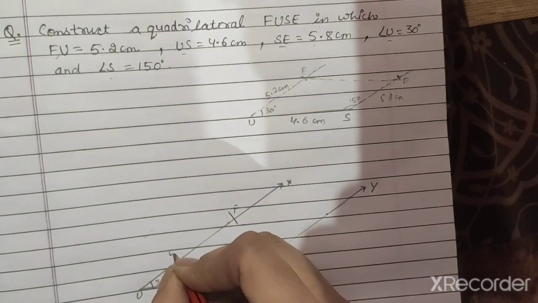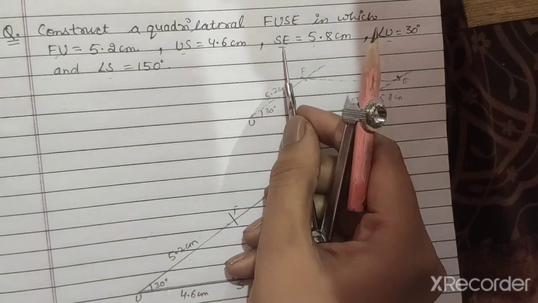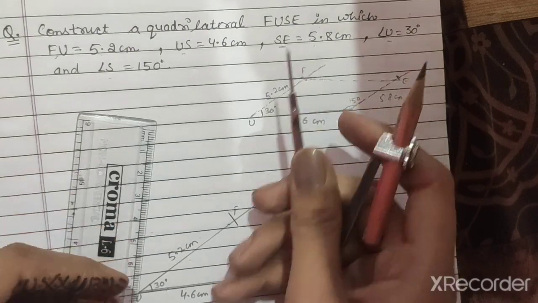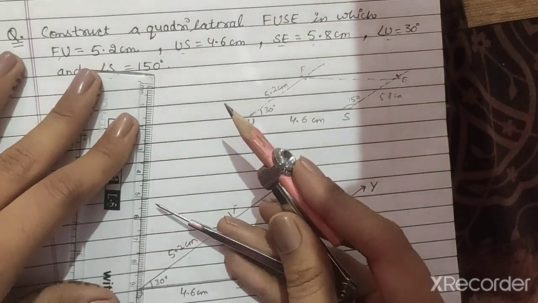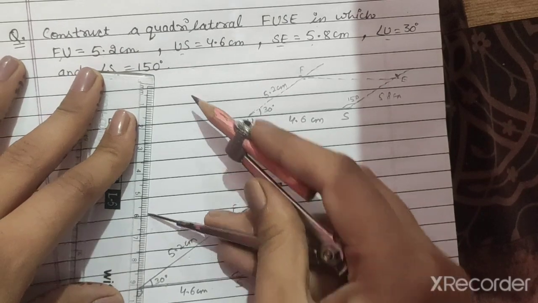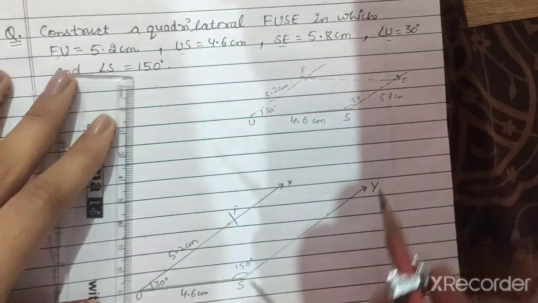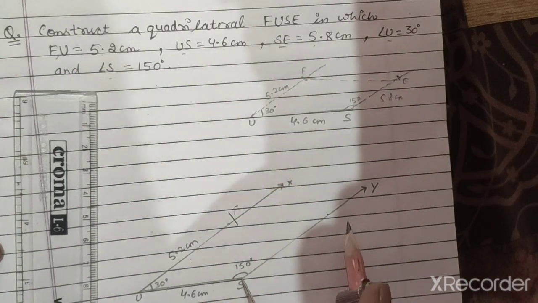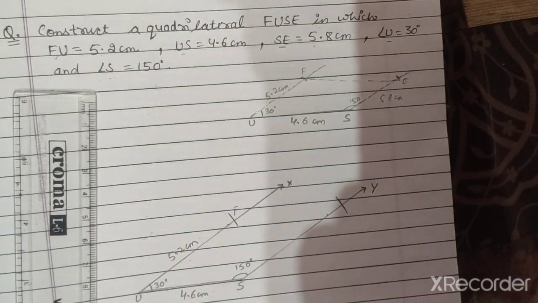FU is 5.2 centimeters. Now from S we have to draw the arc of radius 5.8. Open the compass to 5.8 centimeters. You can see that it's 5.8. Taking S as the center, mark the arc.